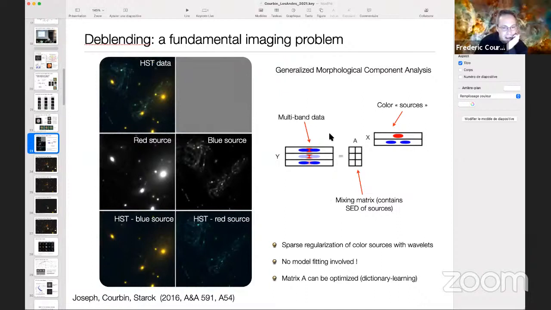Yeah, you need that. So it really depends on what you have. The more bands you have here, the better. Of course, it's getting harder and harder to get more bands. And then, of course, if you can describe your data with the minimum number of sources, it's also better because it's less degrees of freedom.